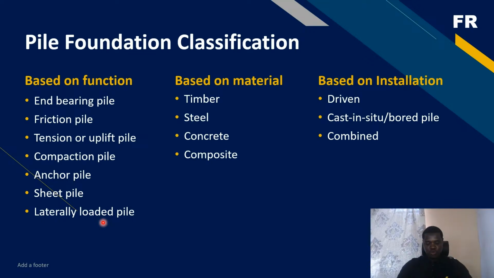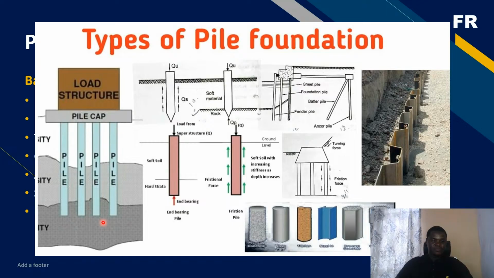The most common one, or the one that is much more concerning to designers, if you are a structural designer, what concerns you the most is the first one, which is based on the function. This image tries to explain it.